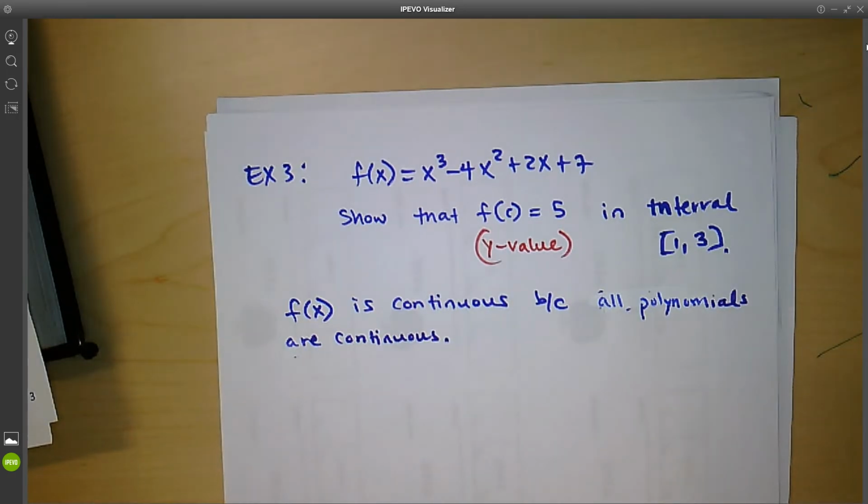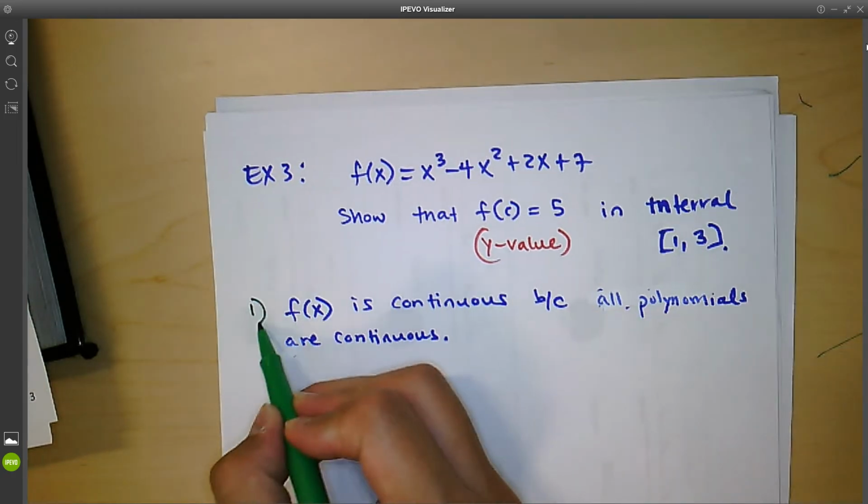Sometimes if it's not a polynomial, you do have to explain a little more. You can use your definition of continuity to prove it's continuous, but oftentimes it's in the problem. If they don't mention it, it's because they're giving you a polynomial. Polynomials wiggle and turn, but are always continuous everywhere. Okay, first condition is done.